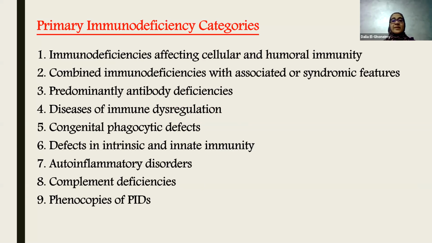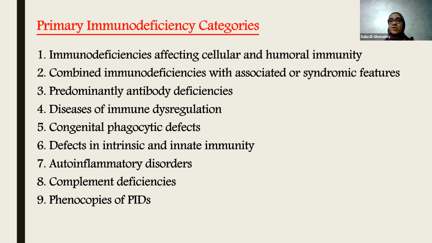Primary immune deficiency categories constitute certain subgroups, namely immune deficiencies affecting cellular and humoral immunity, combined immune deficiencies with associated or syndromic features, predominantly antibody deficiencies, diseases of immune dysregulation, congenital phagocytic defects, whether in number or function, defects in intrinsic and innate immunity, autoinflammatory disorders, complement deficiencies, and phenocopies of primary immune deficiency disease that present like primary deficiency but result from autoantibodies affecting main immunological functions.